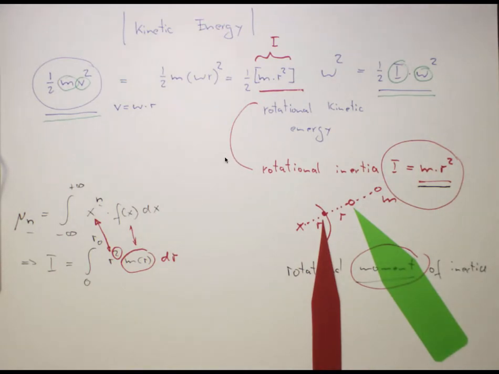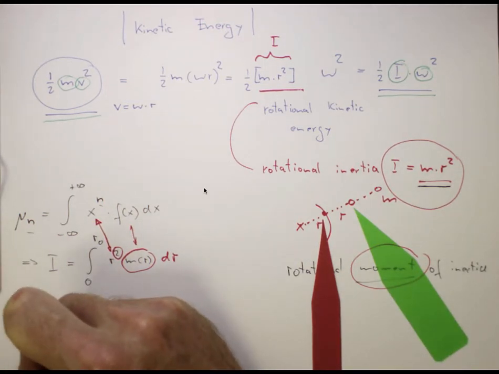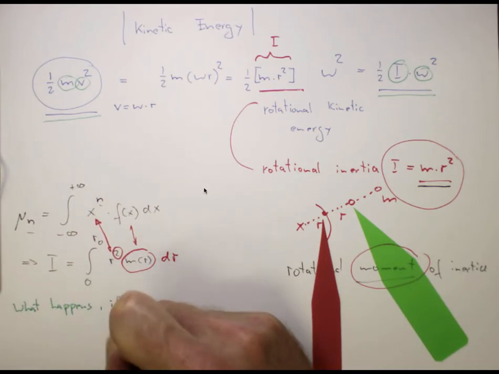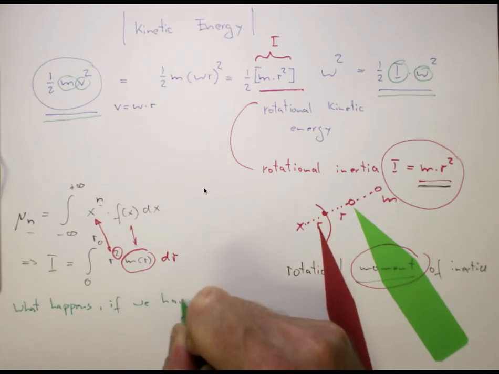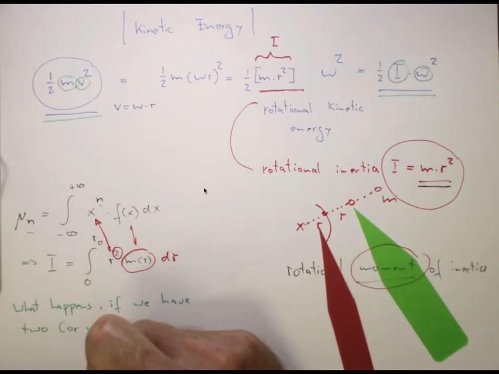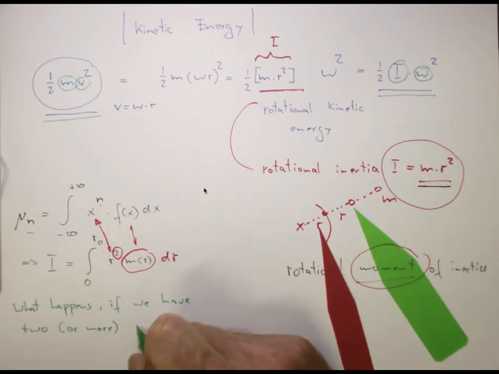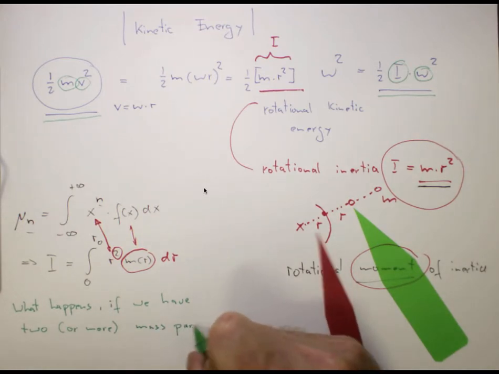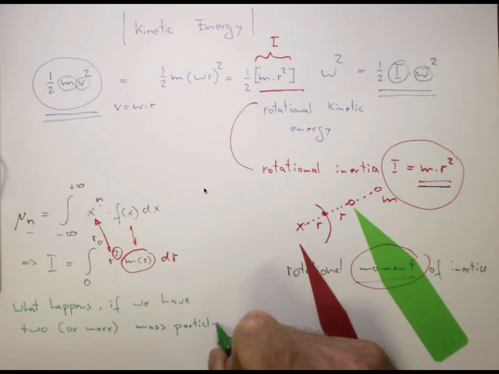Therefore one might also ask, what happens if we have two or more mass particles orbiting a center of rotation?